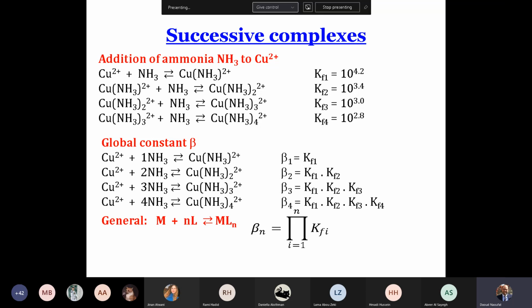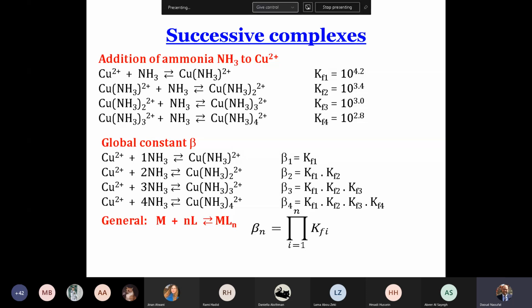Suppose I have a beaker containing Cu2 plus and another beaker containing ammonia, NH3. Cu2 plus is in the concentrated form or not very diluted form.